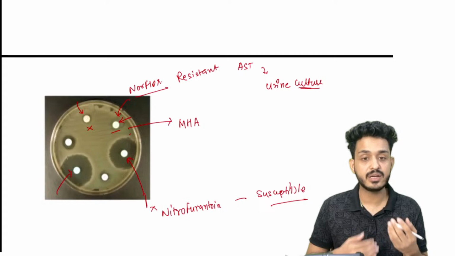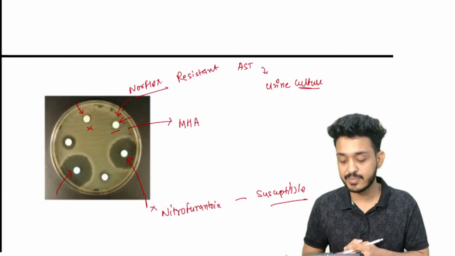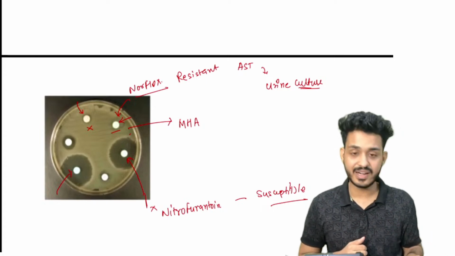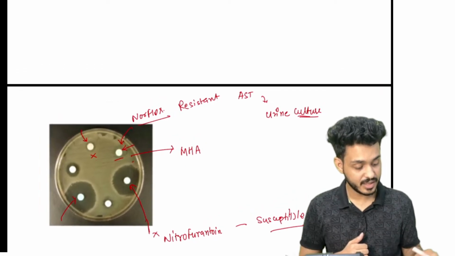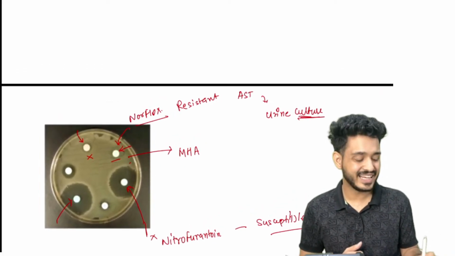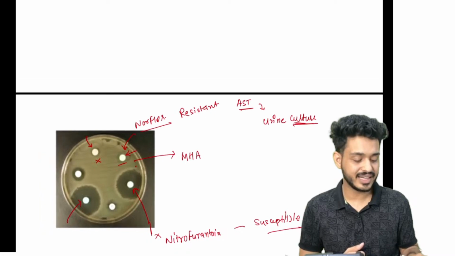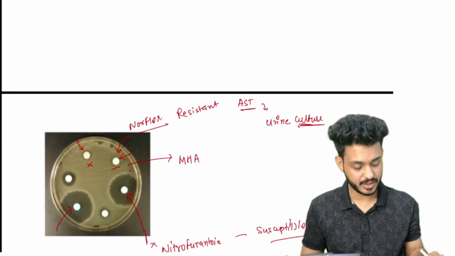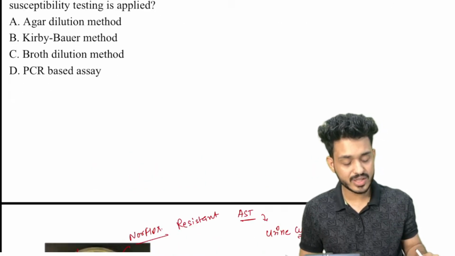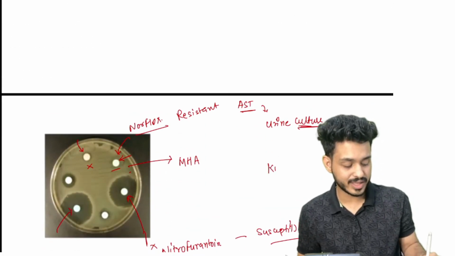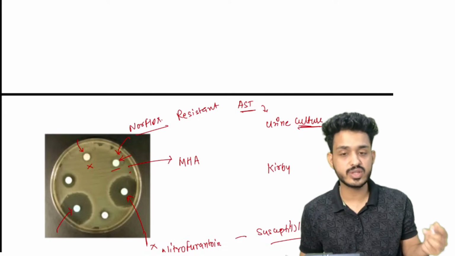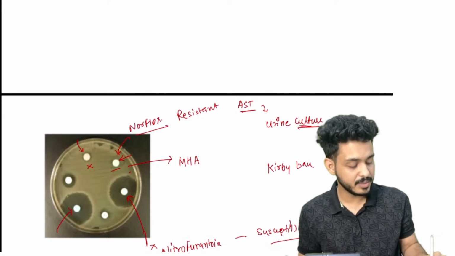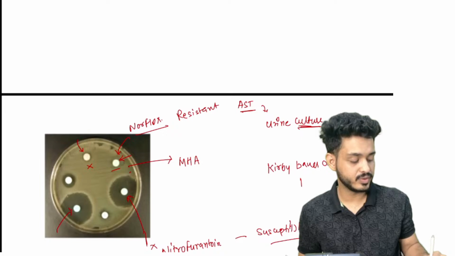So I can change my drug, and my treatment will be different, right? So I will get corrected. This is how antibiotic susceptibility testing happens. This is AST. And this method is known as Kirby-Bauer disc diffusion testing.